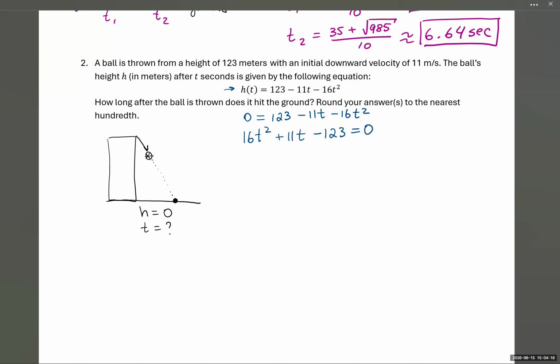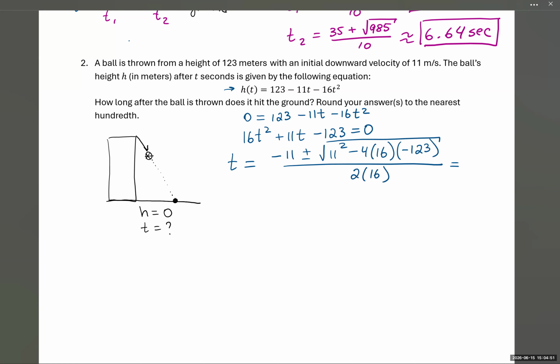Now we can go ahead and plug it into the quadratic formula. T equals minus b, so that's negative 11, plus or minus square root of 11 squared minus 4 times 16 times negative 123, all of that divided by 2 times 16.